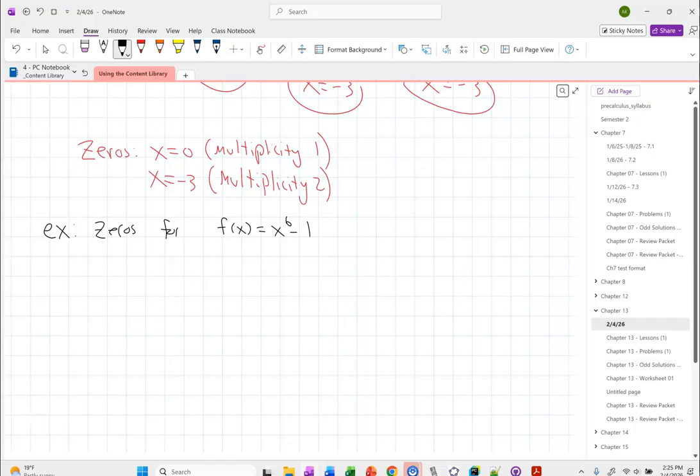the difference of two squares. Is this something squared minus something squared? Yes. What squared is x to the 6th? X to the 3rd.